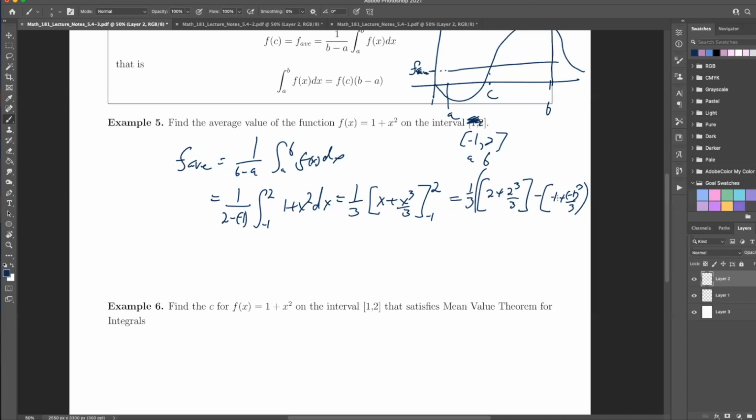I'm going to crunch some numbers real quick. So this is 2, this is 8/3, and then plus 1 plus a third. So this would be 3 plus 9 thirds, so 6. 6 divided by 3 is 2. Or you could just chunk it through a calculator.